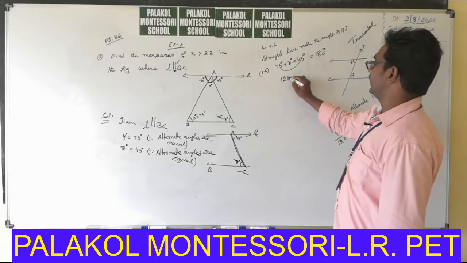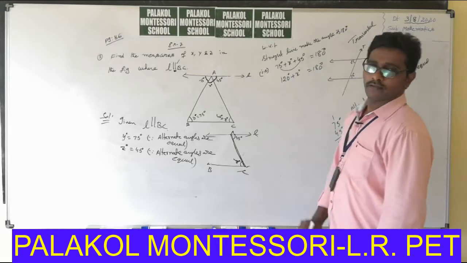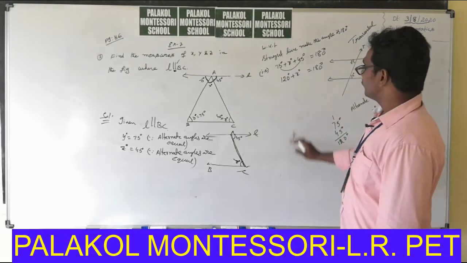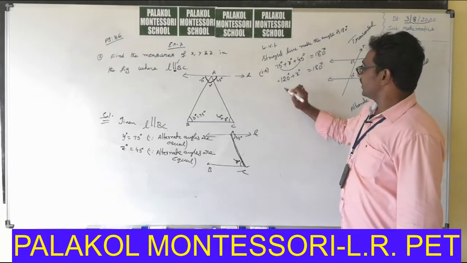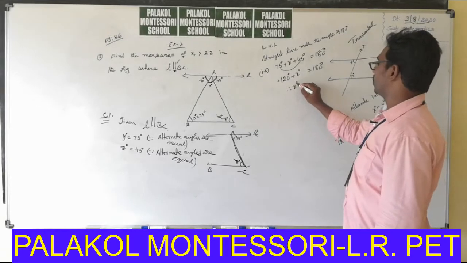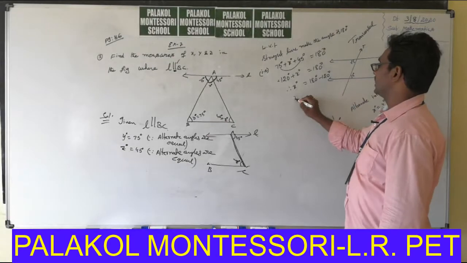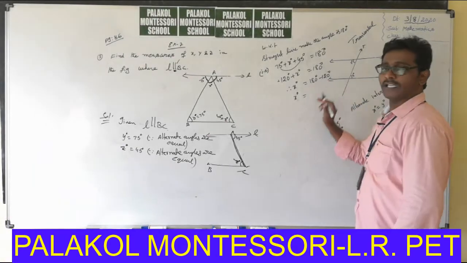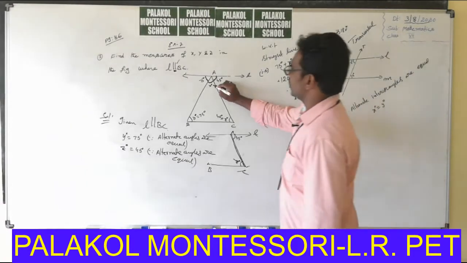So, 120 degrees plus x degrees is equal to 180 degrees. Guys, in a simple equation, this plus quantity, when sent to that side, forms a negative quantity: 180 degrees minus 120 degrees. x degrees is equal to 180 minus 120, which is 60 degrees. So, this one is 60 degrees.